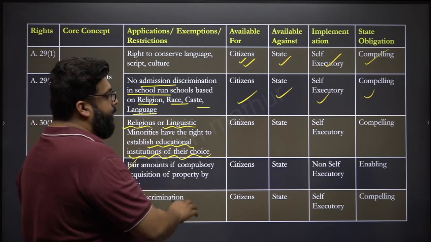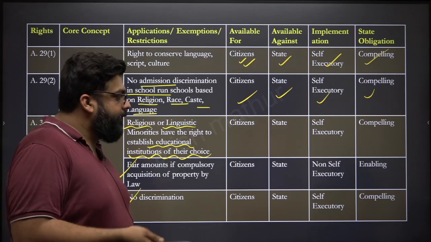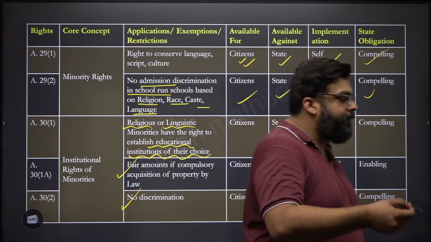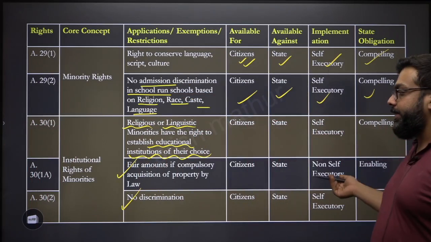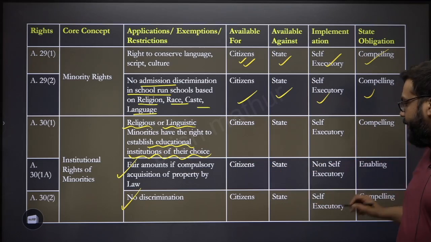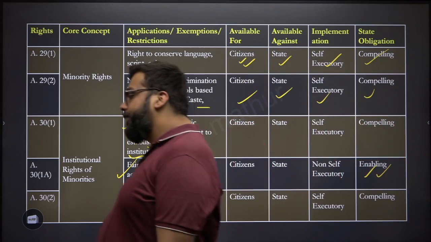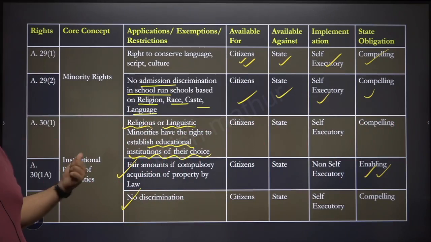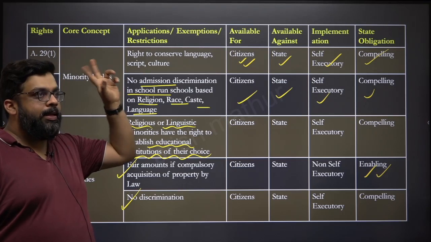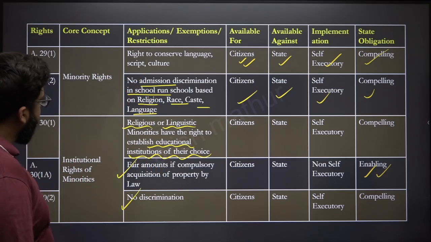Of course, 30 and 30.1 are compelling and self-executory in nature, whereas 31A, where you'll have to make laws in case there is an acquisition of property, would require an additional law to be made, which is why it is enabling in nature. But the basic principle is 30 recognizes the rights of linguistic and religious minorities. The legal definition of minorities does not exist under Indian law, right?